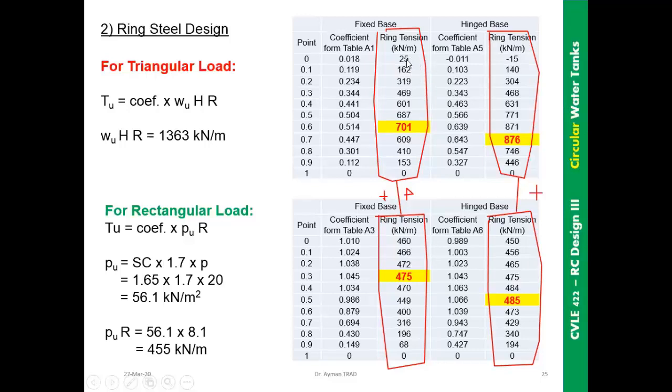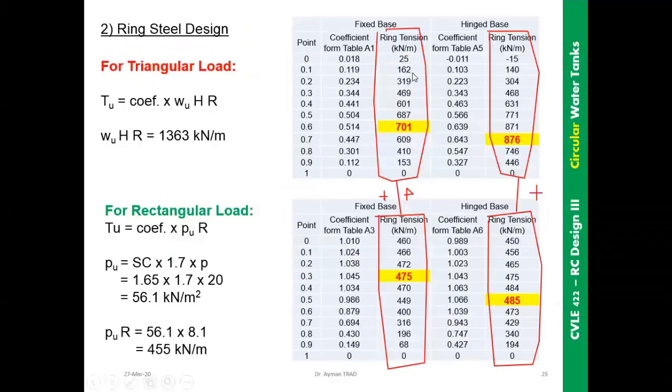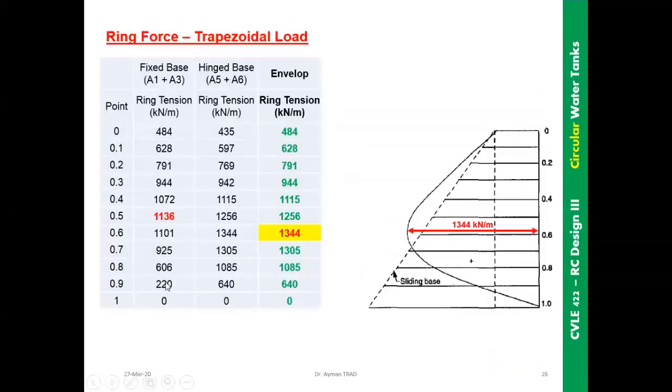So في المرة 25 plus 460 for example هيعطينا 485 أو 484 لأنه في عنا فواصل. تاني value 162 plus 466. So this value plus this one will have 628 and so on. For the fixed base, the same for the hinged base.